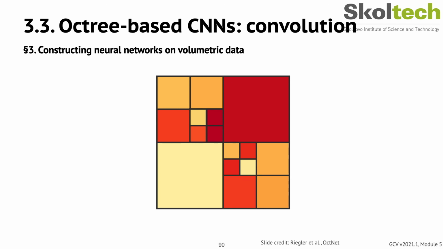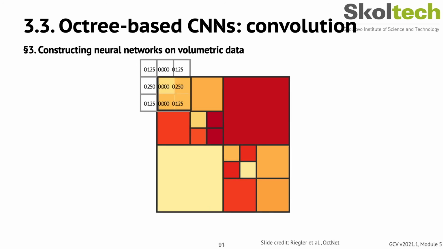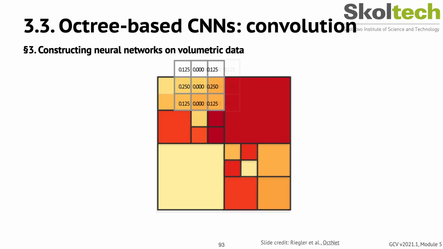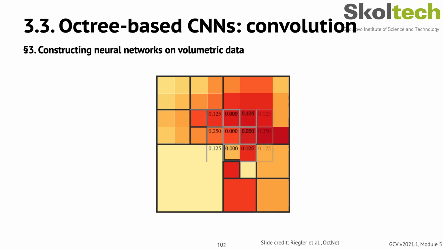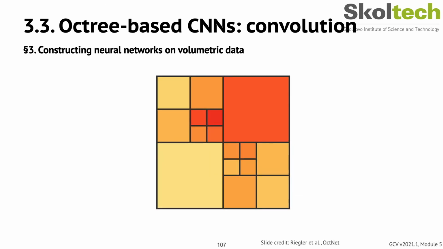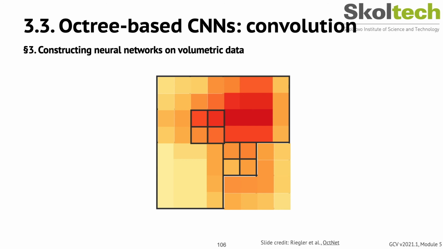Regarding network operations, it is necessary to define the network operations specifically for this data structure. Let us describe the convolution. For the convolution, you would apply the filter of weights the same way as you would do it in a uniform grid. But the results are different responses within the same octree cell. However, we would like to keep the memory footprint the same, and therefore we would like to summarize the responses.